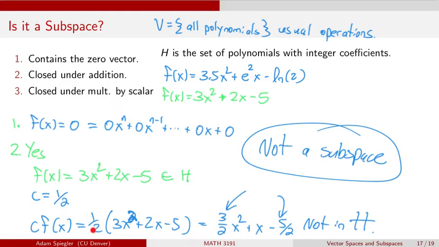So this is a property that needs to work for all scalars, and property 2 needs to work for any two vectors that I pick in our set. So again, the issue is not property 1 or property 2, but it's the third property that does not pass. So this is not closed under multiplication by a scalar, so this is not a subspace.